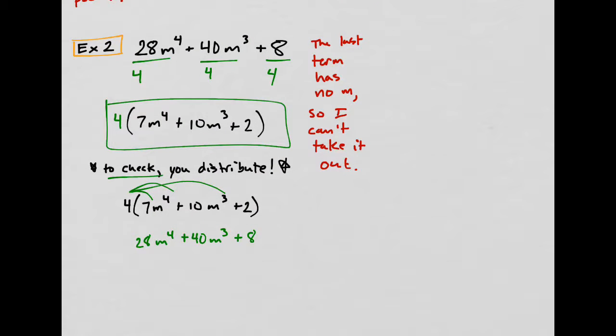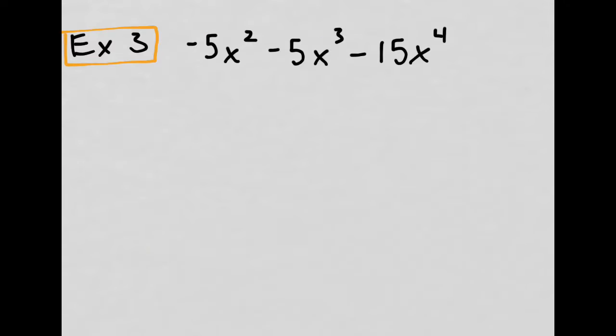Let's do another one. On this one, maybe you should pause it and try it on your own. Here, we can take out a negative, because they're all negative. Look at that. And yeah, you should pause it right now and try it on your own.